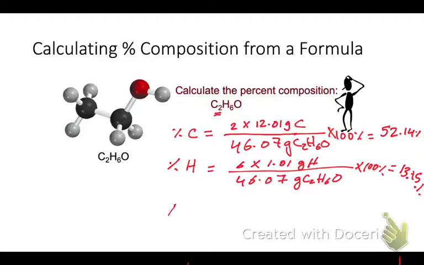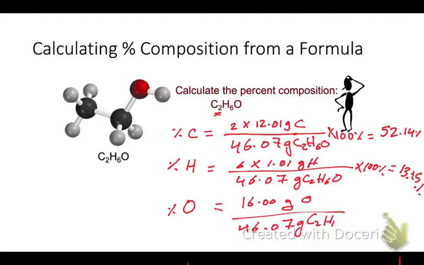Then I have the percent composition of oxygen, which is 16 grams of oxygen for every 46.07 grams of ethanol, multiplied by 100%. The answer for that will be 34.73%.